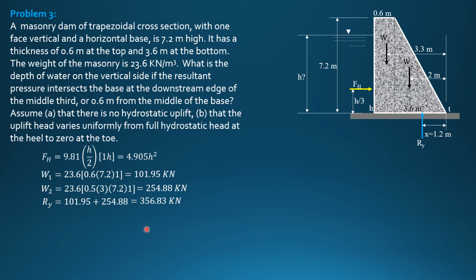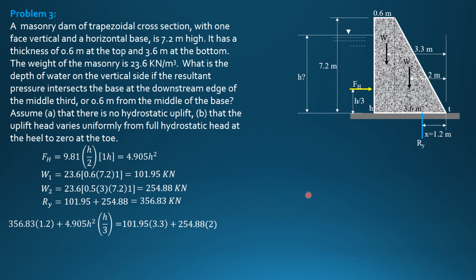Then having found R_Y, we sum up moments about the toe equals 0. So R_Y, 356.83, times 1.2 plus F_H, 4.905 H squared, times H over 3 equals weight 1, 101.95, times 3.3 plus weight 2, 254.88, times 2.